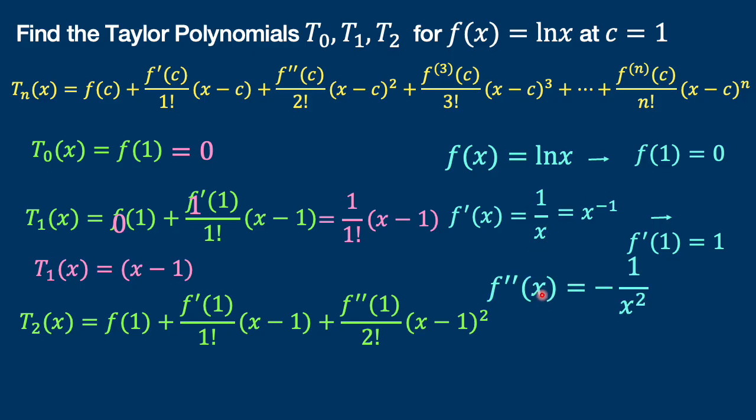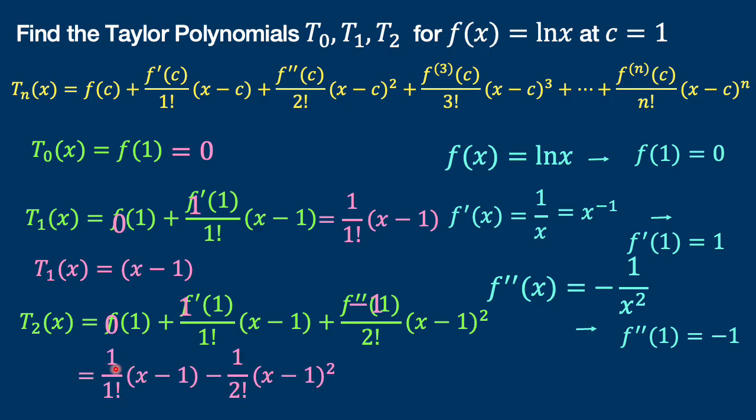Take the derivative, the second derivative is going to be negative 1 over x squared. So the second derivative at 1 is going to be negative 1. f of 1 is 0, f prime of 1 is 1, the second derivative at 1 is negative 1.